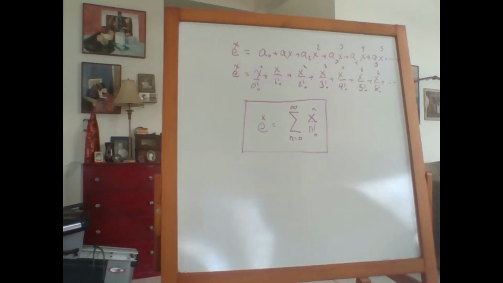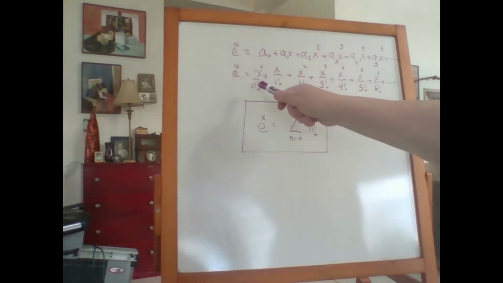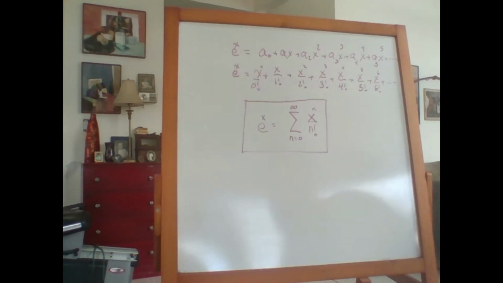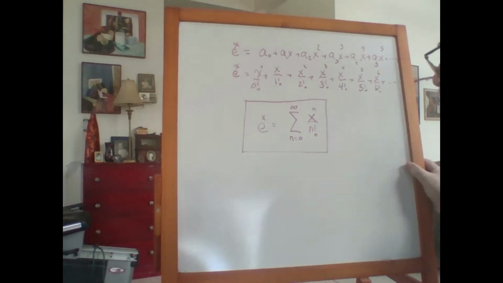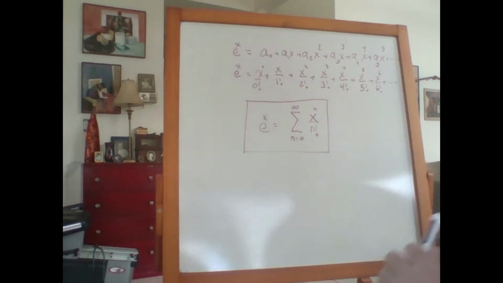For the trigonometric functions, you don't need as many terms to get a very accurate representation. For e to the x, you're going to need quite a few terms. You may want to carry it out 20 or 30 terms to be able to get a pretty close approximation of e to the x. So the rate at which these functions converge does differ.